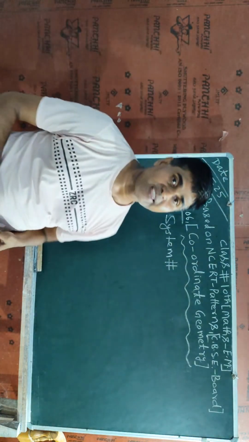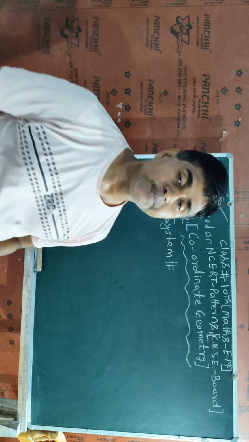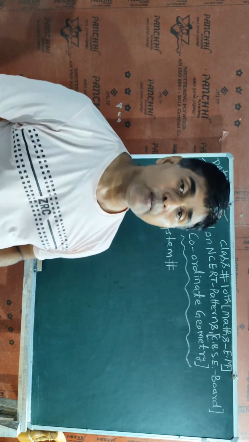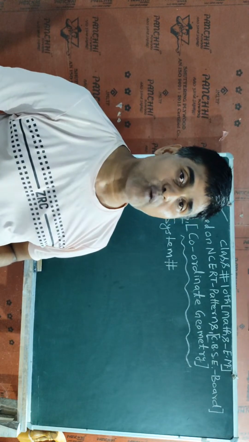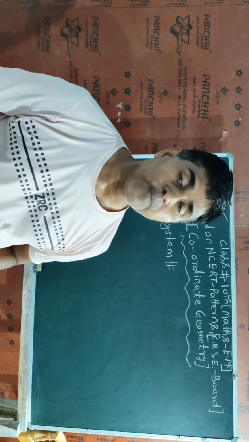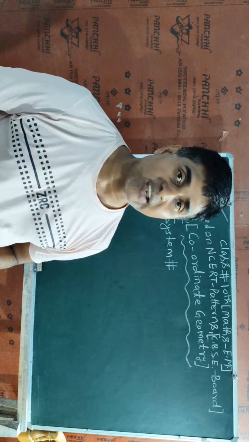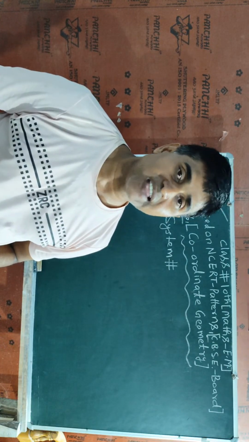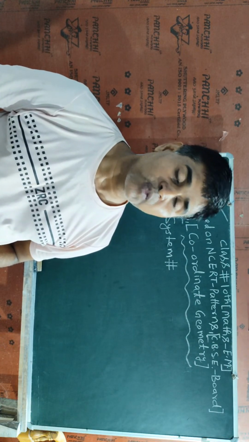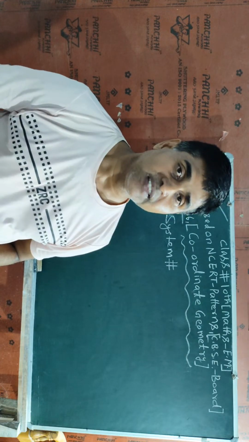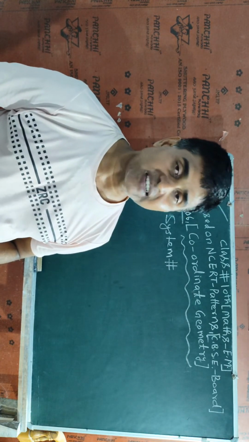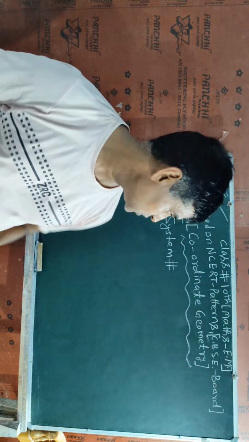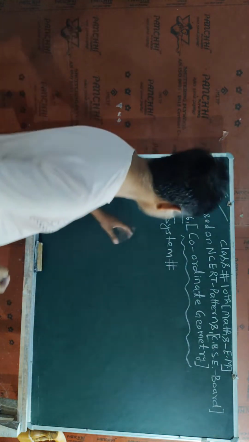In this system, if any point is given and it is observed in the xy plane, then that point is considered in the case of the Cartesian system. So here I will write Cartesian system.